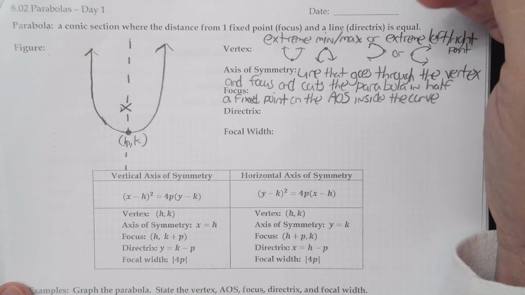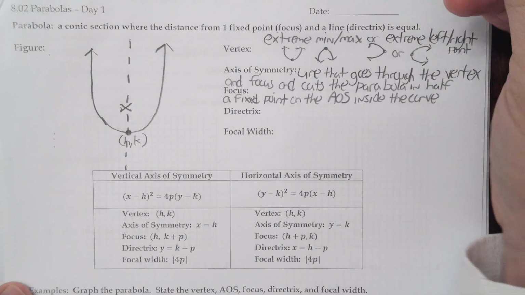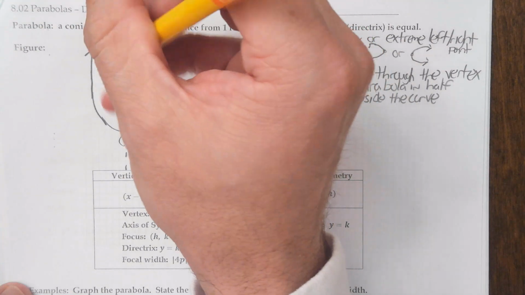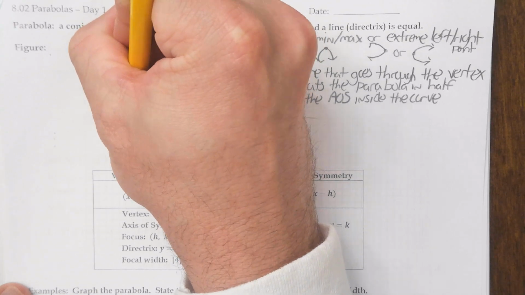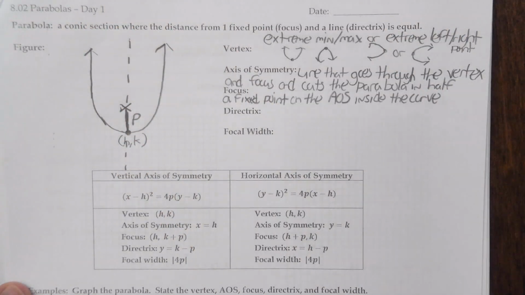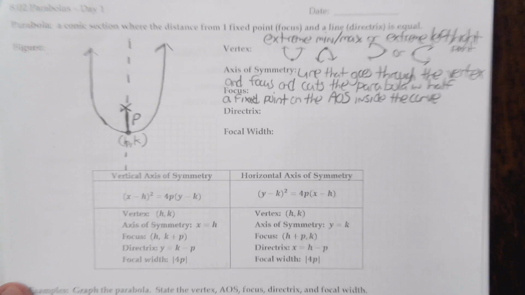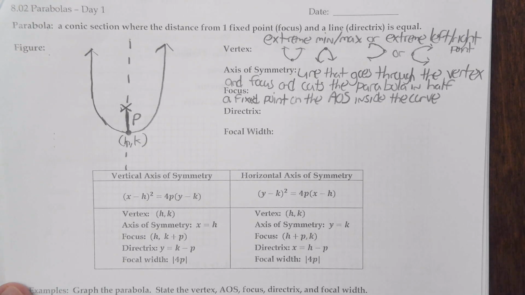And this distance, which is why this is a solid line right here, we call P. The distance from the vertex to the focus is what we call P.